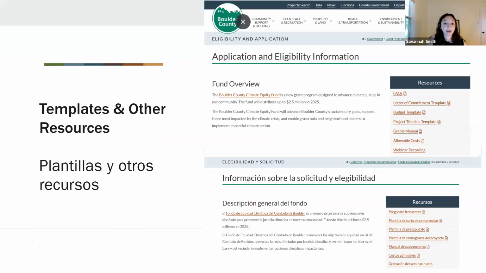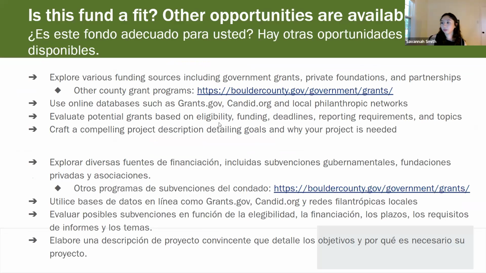Okay, going back to the slide deck. After reviewing the eligibility requirements and the application, you need to assess if this fund is a good fit. If not, there are other funding sources out there, including government grants, private foundations, and partnerships. Boulder County also has other grant programs that you may be interested in.